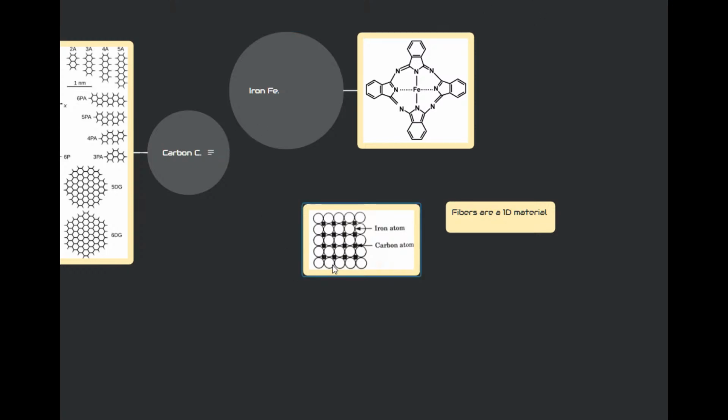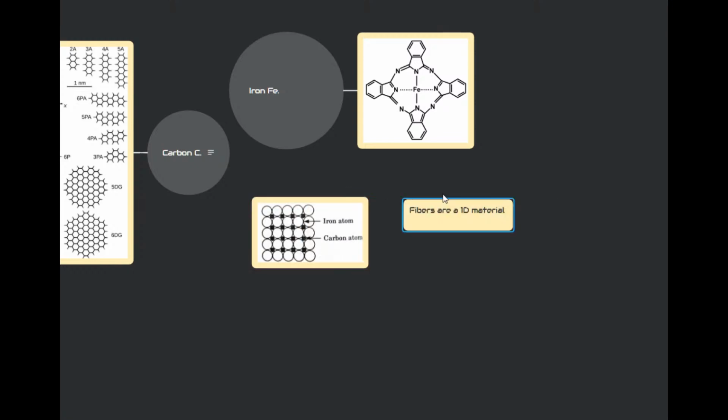The weird part about this is the crazy properties that you can create, especially.